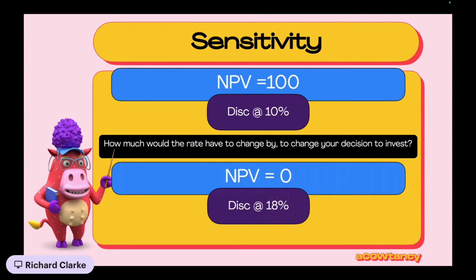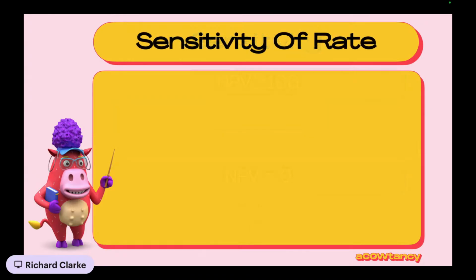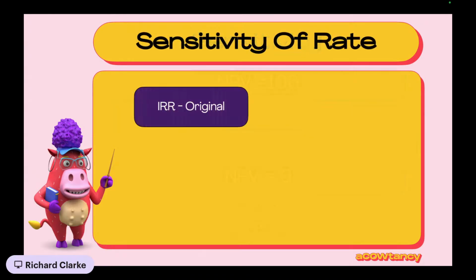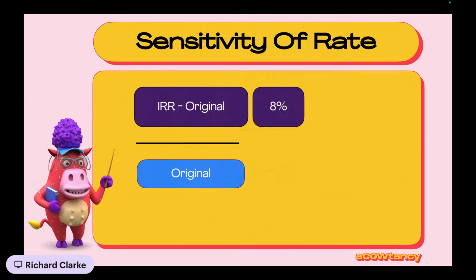That 18% is actually the IRR, because IRR is when NPV equals 0, and I'll show you how you work that out in a minute. So that was 18% in our example, minus the original 10%, divided by the original 10%. IRR minus the original was 8, divided by the original 10. The rate has to change by 80% for us to change our mind.